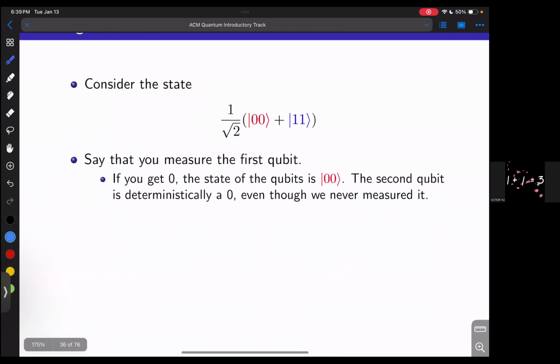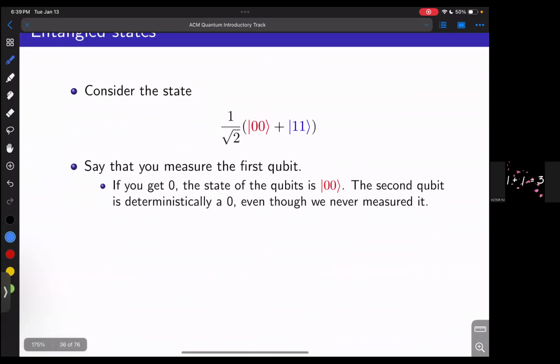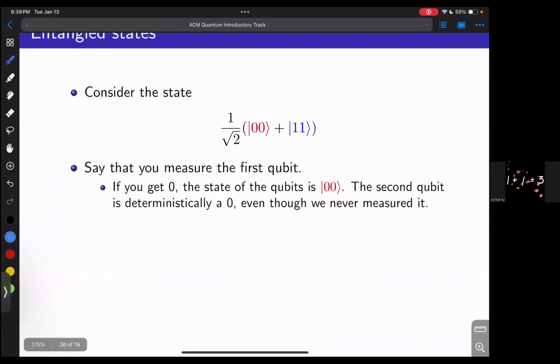Okay, and then this is just saying that if you were to measure a 0, the state would collapse to 0, 0. But the interesting thing here is that the second qubit is now definitely a 0 because there's no 0, 1 term. But we haven't measured the second qubit, yet we've collapsed its state to 0.